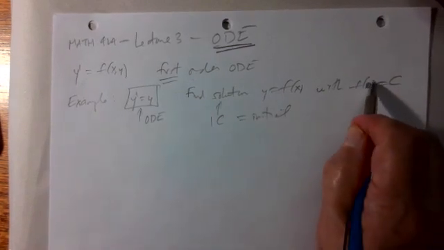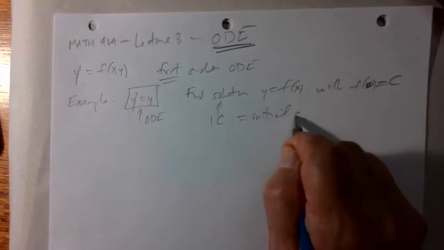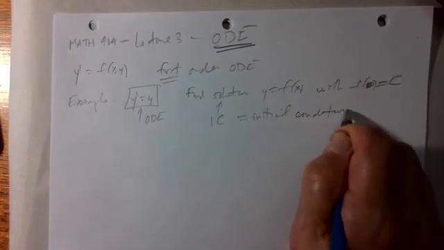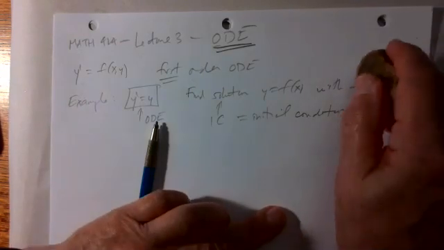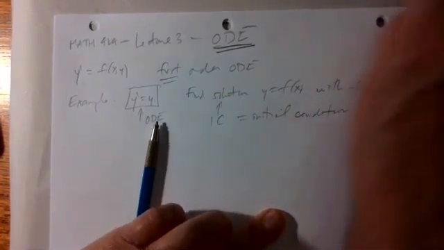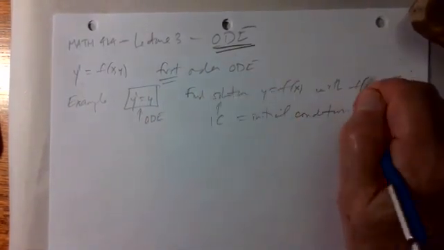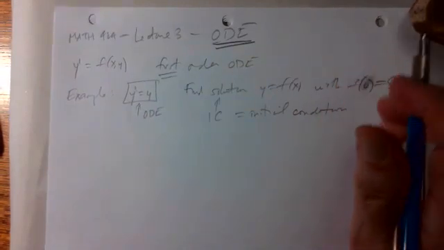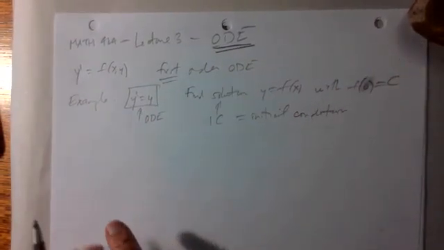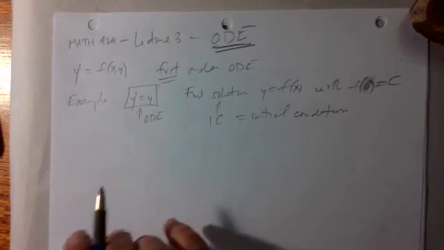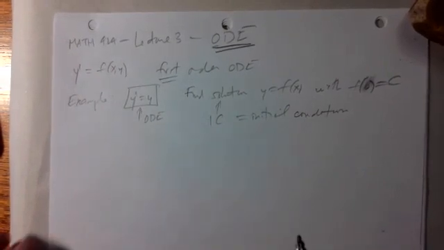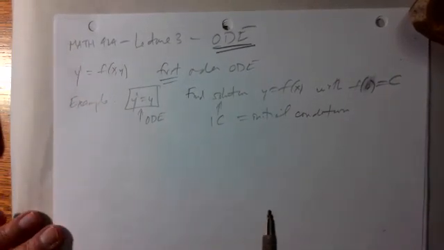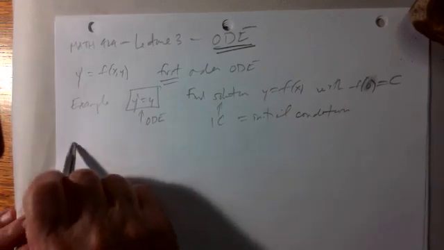The initial condition doesn't have to be a value of the function when x is equal to 0. It can be any number, but it's simplest and there's no reason not to always consider the initial value at 0.